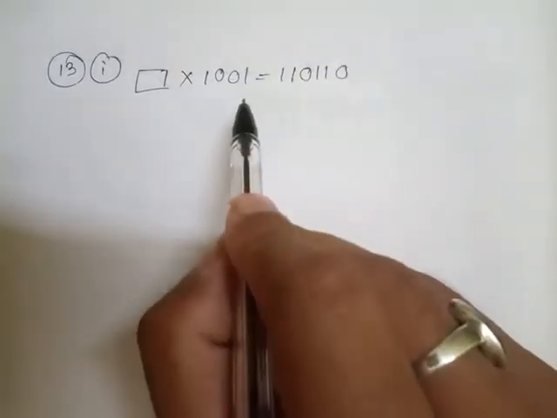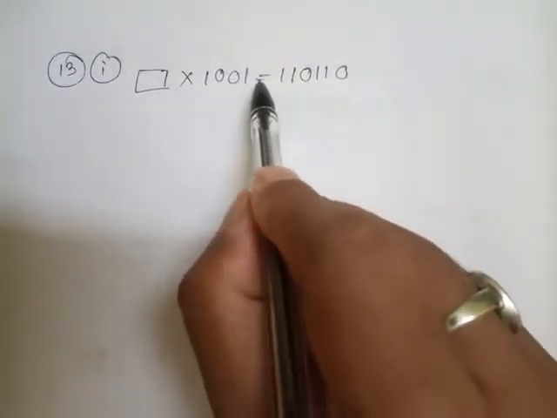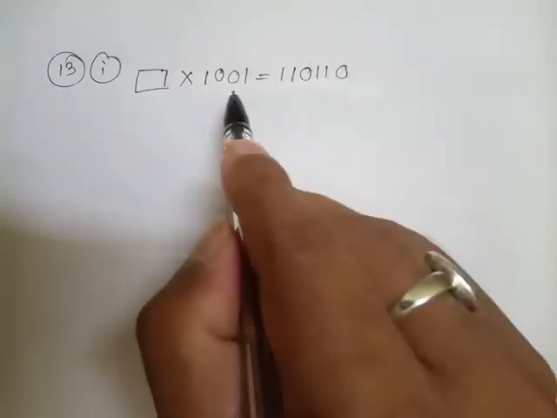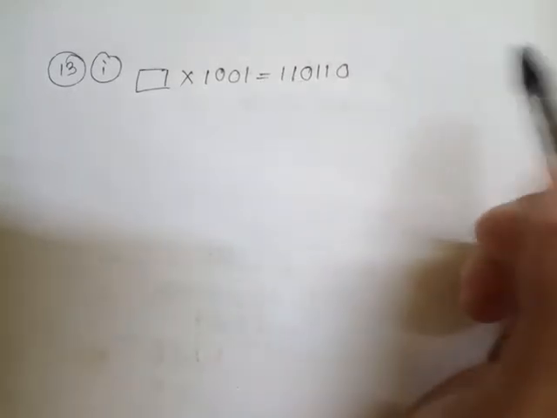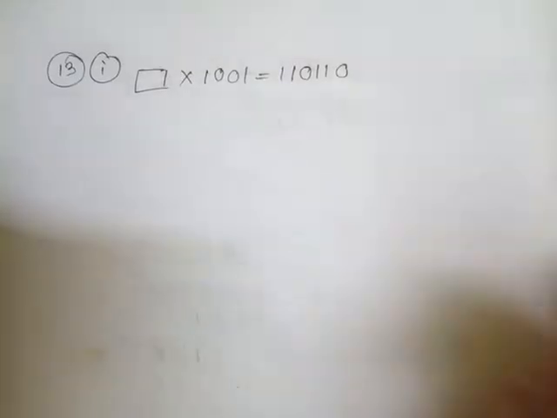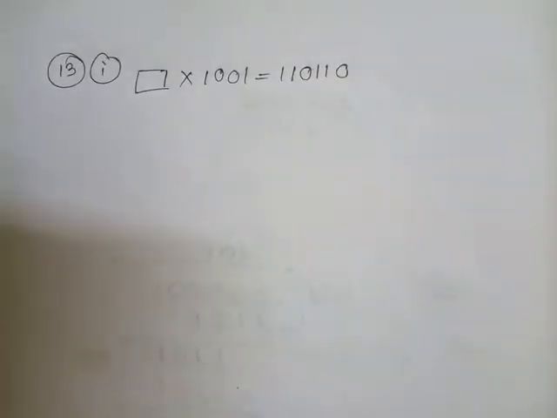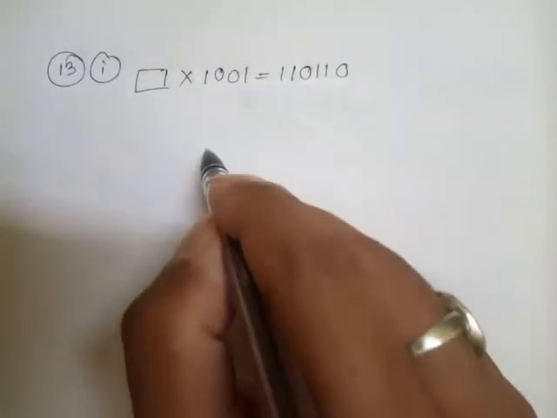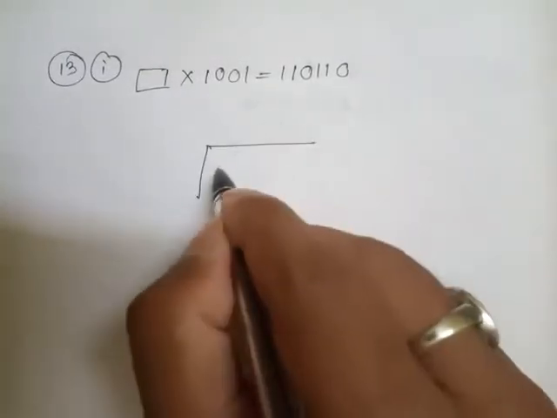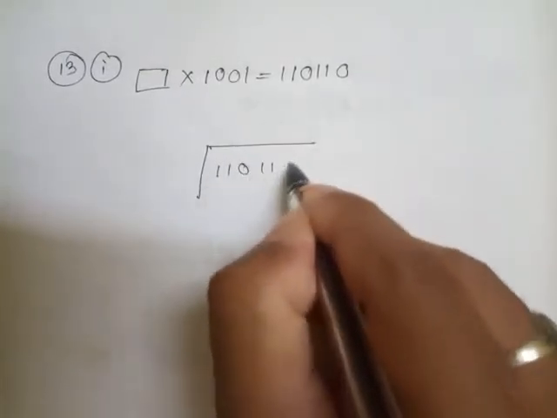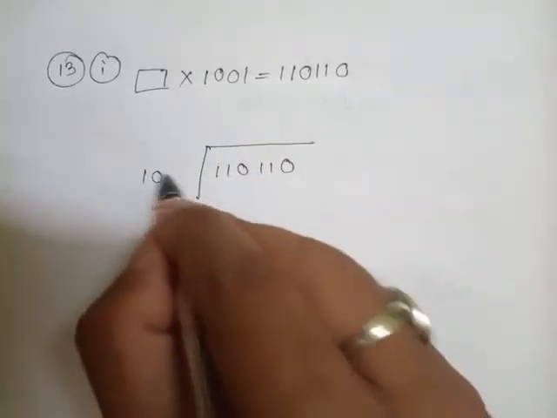If we go for long division by 1001, we'll get the answer that belongs in the blank space. Let's have a look at how to solve this one. Just go for the long division. 110 is not divisible by 1001.